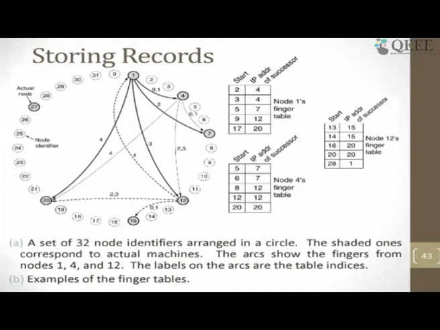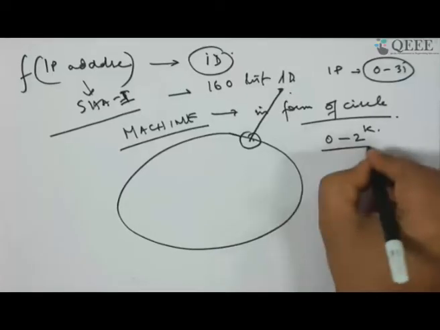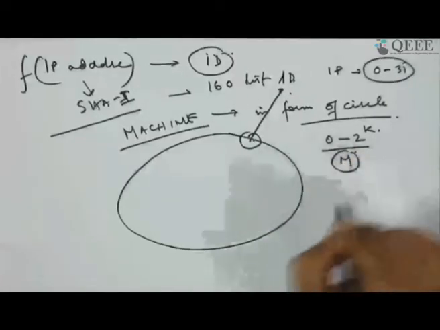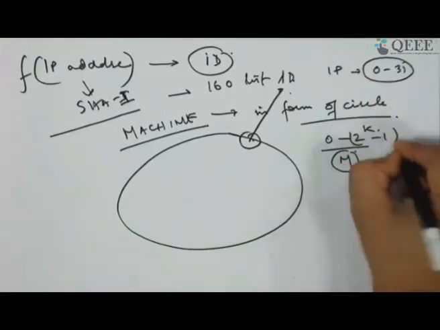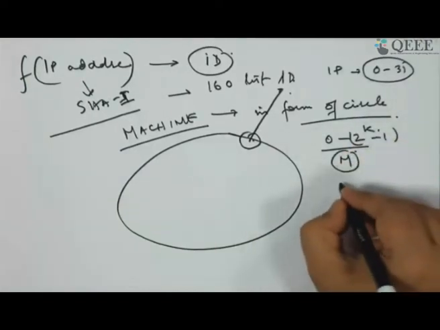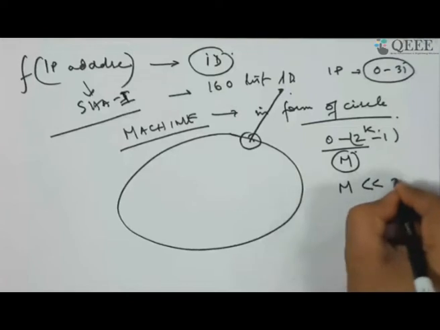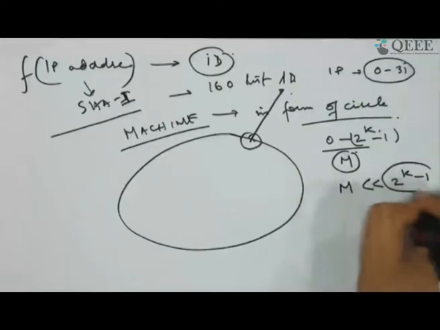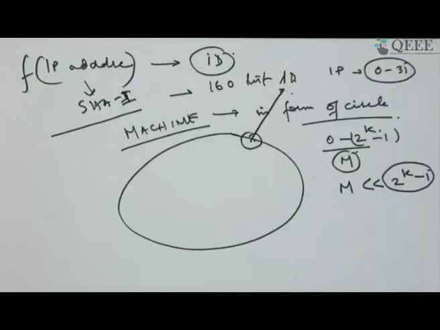If I have IDs spanning from 0 to 2 to the power k minus 1, you will have m machines, where m is less than 2 to the power k minus 1. This is a condition.